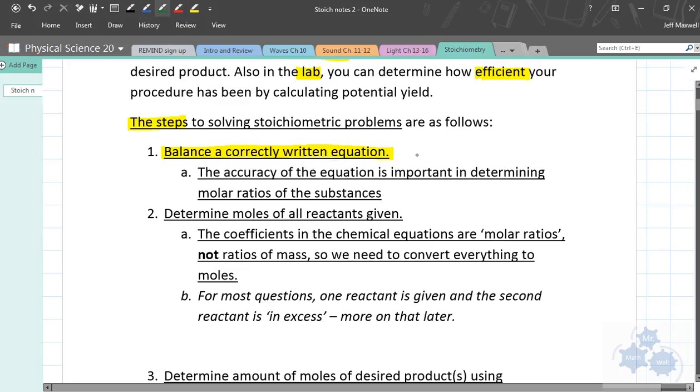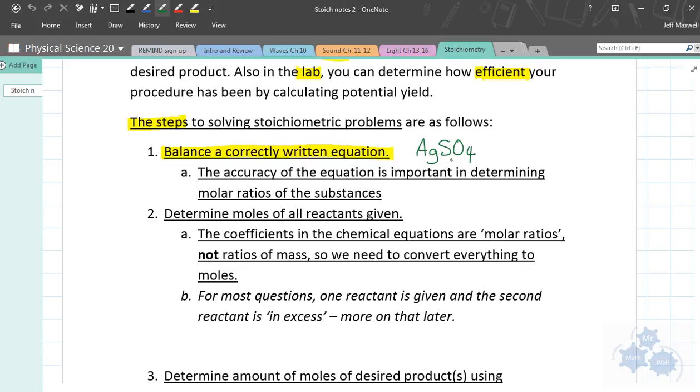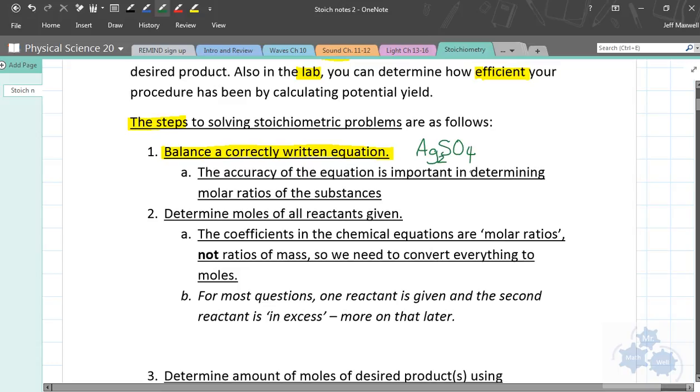If we're talking about silver sulfate, you look at the charge on silver, it's 1 plus, and the charge on sulfate, it's 2 minus. We have not correctly written this formula. So we have to go back to the very beginning and make sure that you write the formulas for everything involved correctly. So this should be Ag2SO4, right? And then we need to make sure that we balance. So the equation is correctly written, and it's balanced.